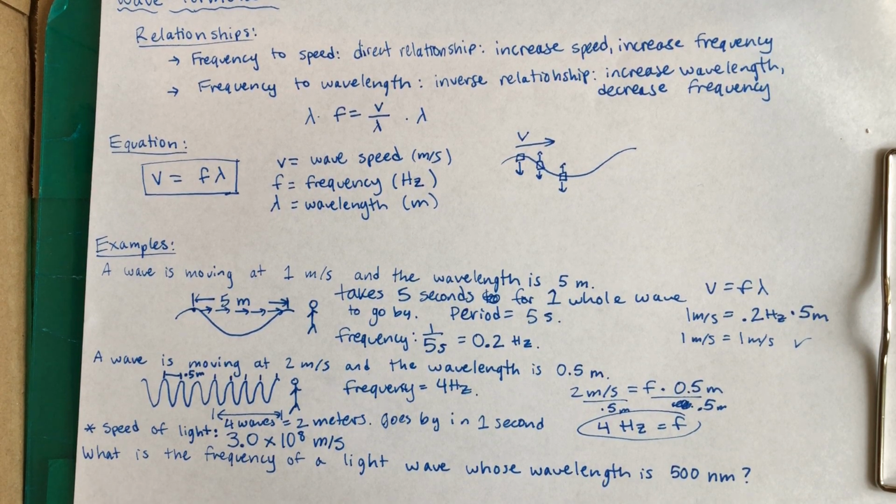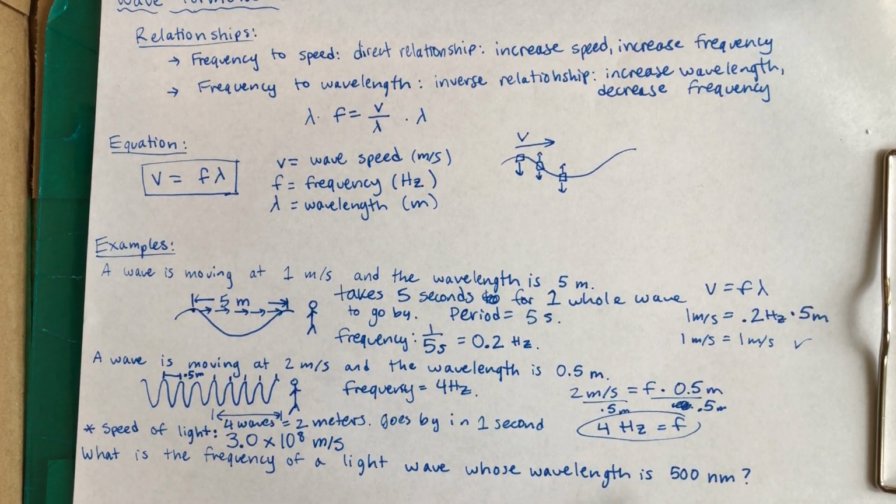So let's try to figure out what the frequency is of a light wave whose wavelength is 500 nanometers.